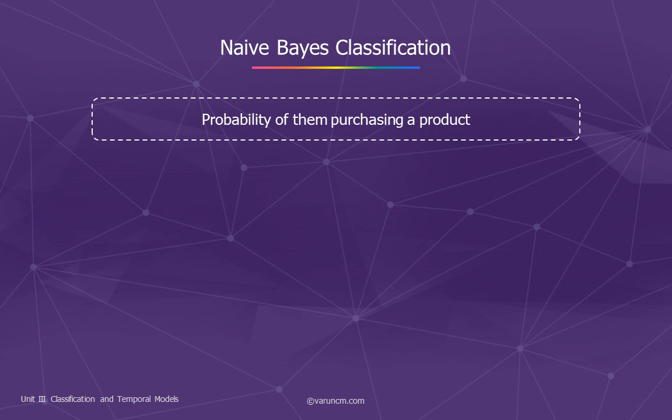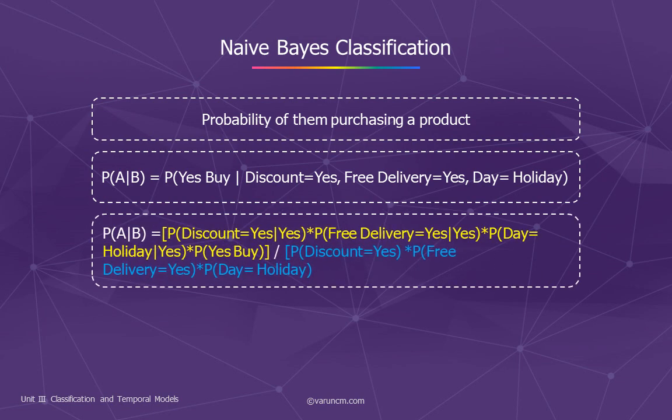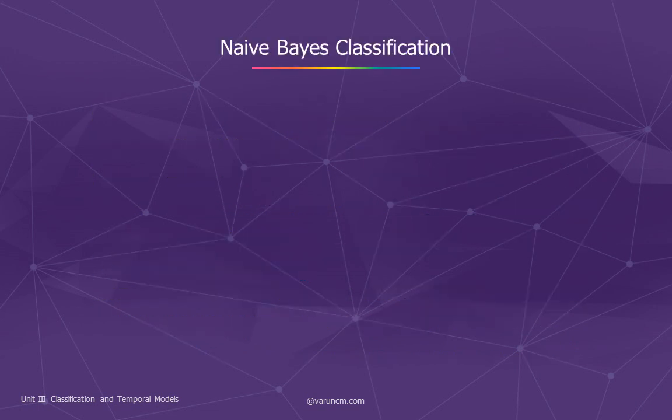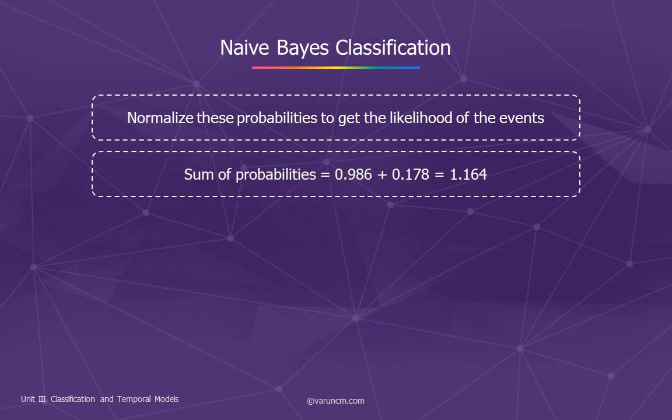Now we need to find the probability of them purchasing the product. So P of A by B is equal to yes given discount equal to yes, delivery equal to yes, and day equal to holiday, which on substituting all the values you get as 0.986. Now we are going to normalize these probabilities.